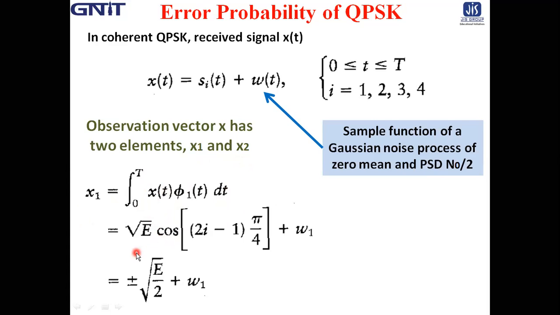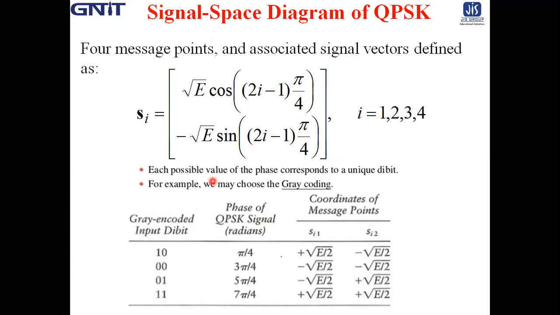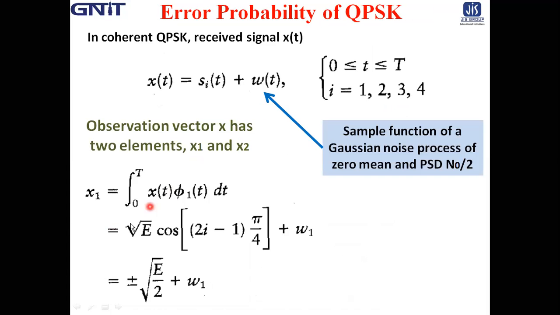You know the value of s_i(t), so if we integrate it, after putting this in, x1 becomes square root of E cos((2i minus 1) pi by 4) plus W1.